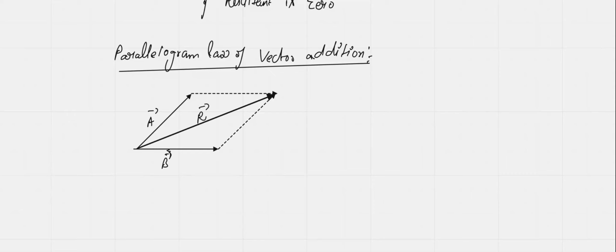So the resultant is equal to A vector plus B vector.